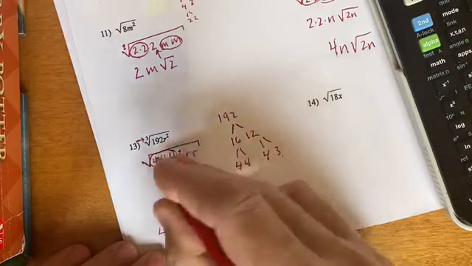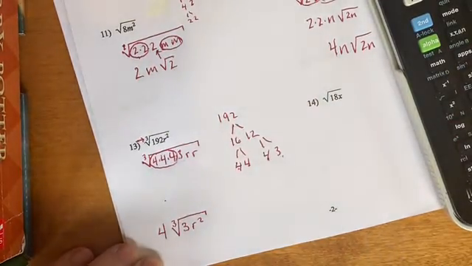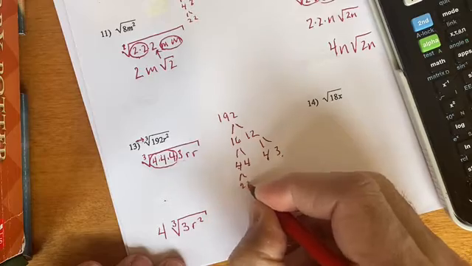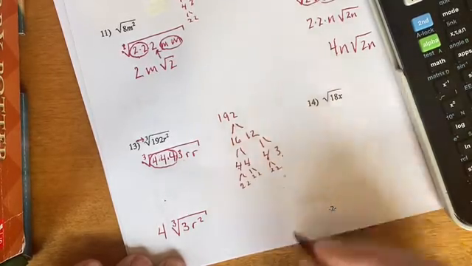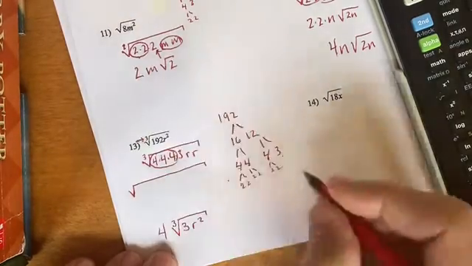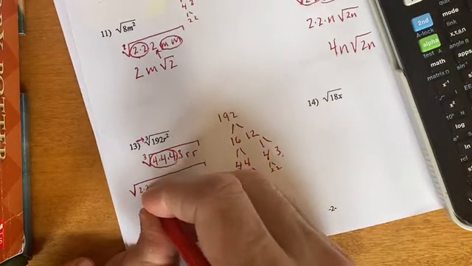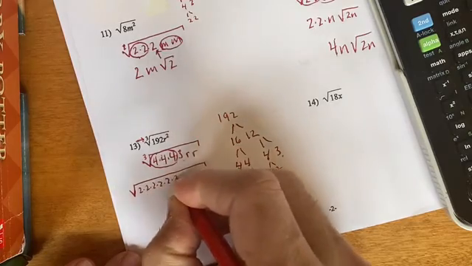Since there's only 2 r's, you can't take any out. Okay, now I could have done it further. I could have gone 4 is 2 times 2, and this 4 is 2 times 2, and this 4 is 2 times 2, and there's a 3 left over. So if I stretched out 192, it's 2 times 2 times 2 times 2 times 2 times 2, that's 6 of them. 1, 2, 3, 4, 5, 6.